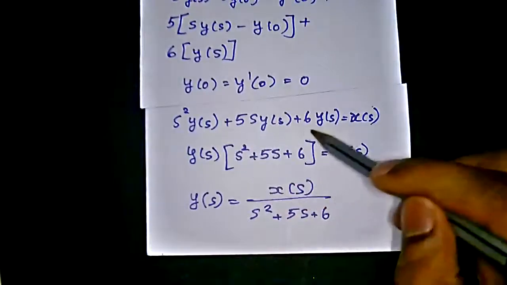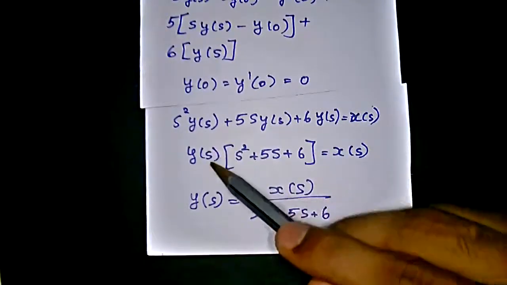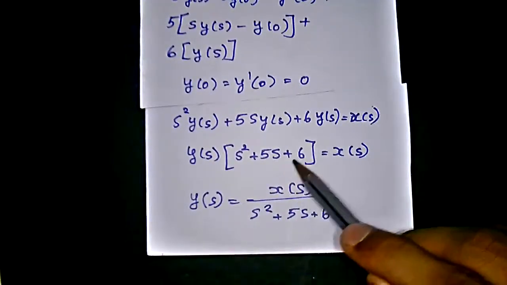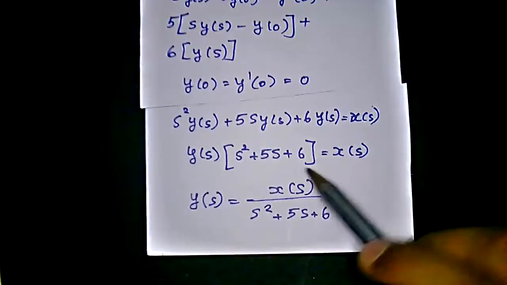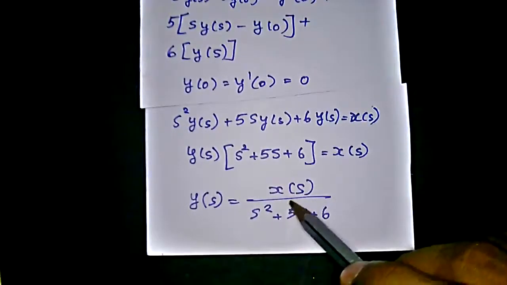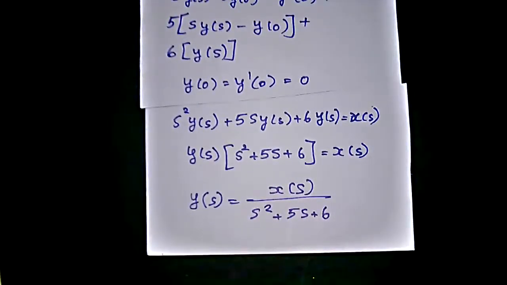From this, taking Y of s as common, we get Y of s times s squared plus 5s plus 6 equal to X of s. So Y of s equals X of s divided by s squared plus 5s plus 6. This is the result.